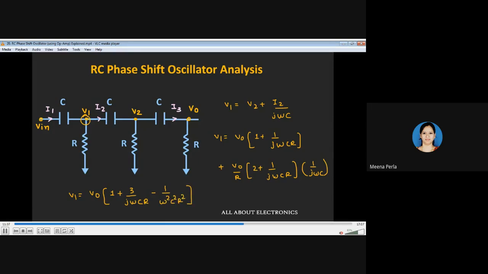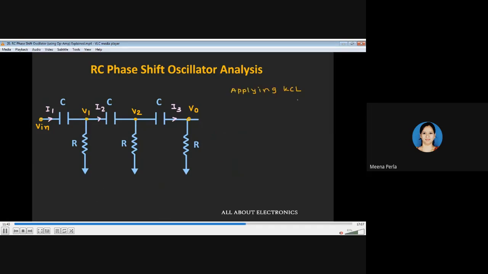Similarly, by applying the KCL at this node V1, let us find out the expression of current I1 in terms of V0. By applying KCL at this node, we can write current I1 will be equal to V1 by R plus this current I2. We already know the value of V1 and I2 in terms of V0, so we will put those equations here.